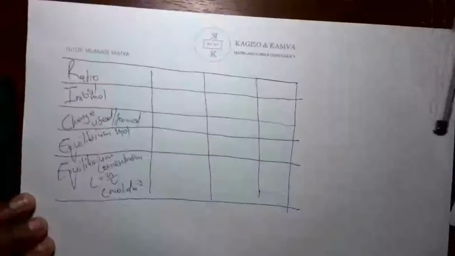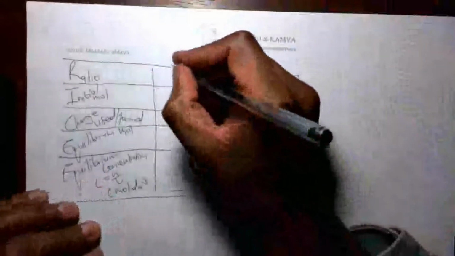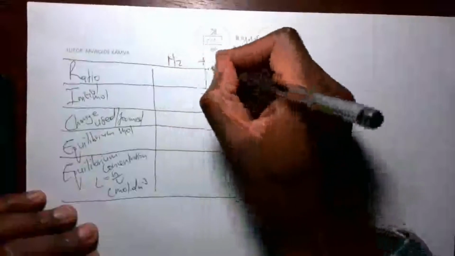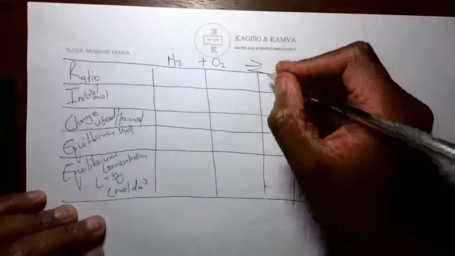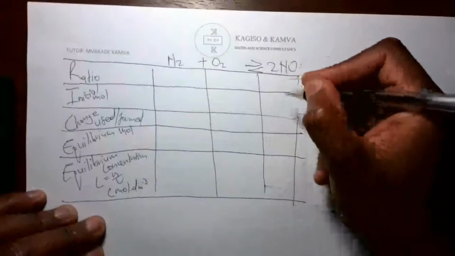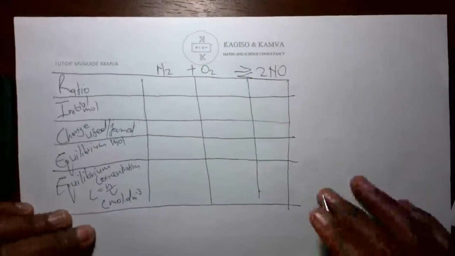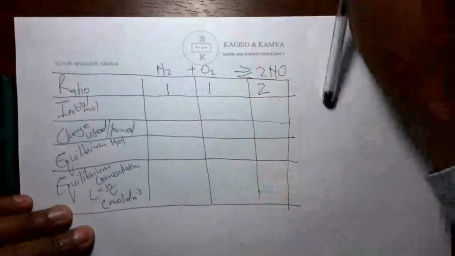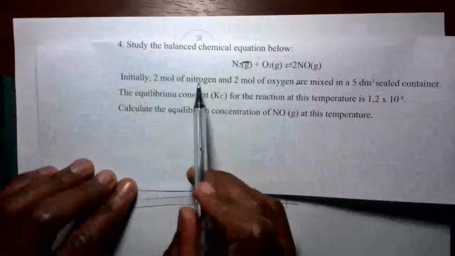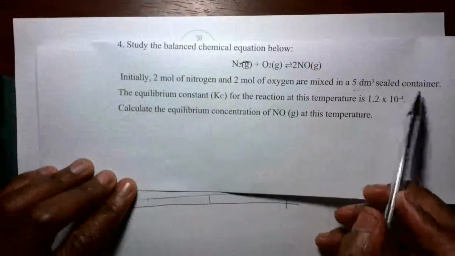We've got N2 and O2 reacting to give 2NO, so it's N2 plus O2 to give us 2NO. It's 1, 1, 2, the ratio. Initially we are told that we've got 2 mole of nitrogen and 2 mole of oxygen mixed in a 5 decimeter cube sealed container.